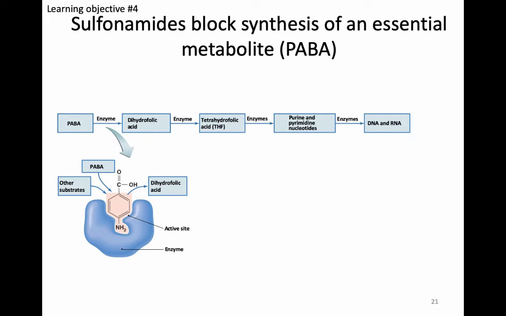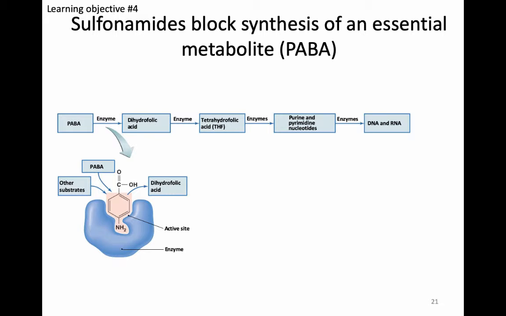This is a big deal for bacteria because folic acid is a precursor for making DNA and RNA. So when sulfa drugs prevent bacteria from making folic acid, they essentially prevent bacteria from building DNA or RNA, which is essential for the bacteria to function. So the bacteria will die without the ability to build these nucleic acids.